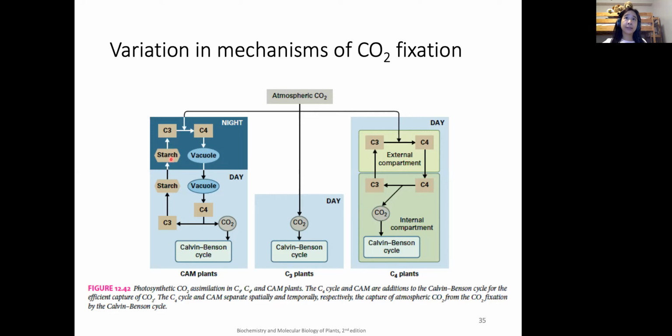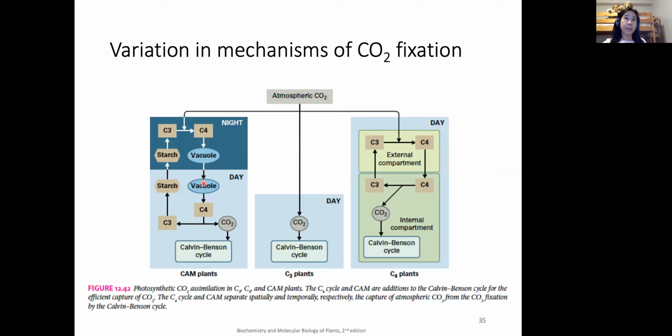For CAM plants, similar things happen, except the first fixation and the second fixation don't happen at the same time, but everything occurs in the same space. So C3 at night will fix carbon dioxide to become C4, and then this C4 will be stored in the vacuole.